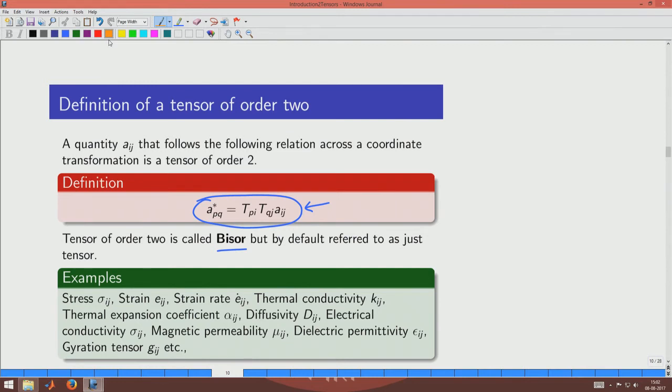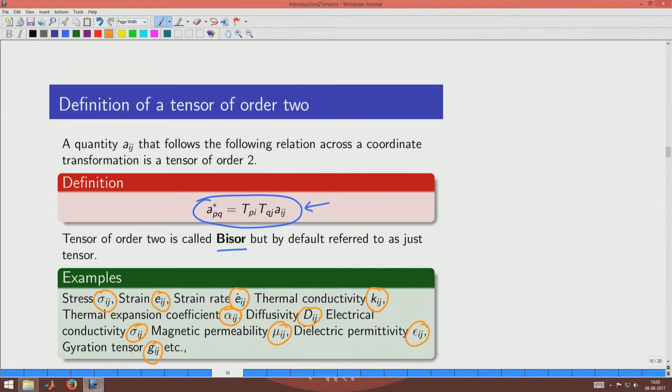Just now we mentioned that stress is a tensor of order 2, and we also have strain, which is a tensor of order 2, strain rate is a tensor of order 2, and thermal conductivity, which is again a concept that comes from high school physics itself. Thermal conductivity also is a tensor of order 2. Thermal expansion coefficient, diffusivity, electrical conductivity, magnetic permeability, dielectric permittivity, gyration tensor for optical properties, and so on.